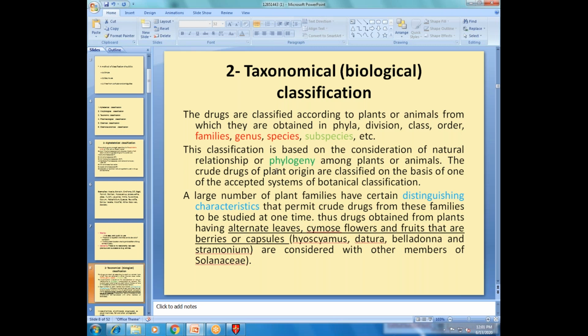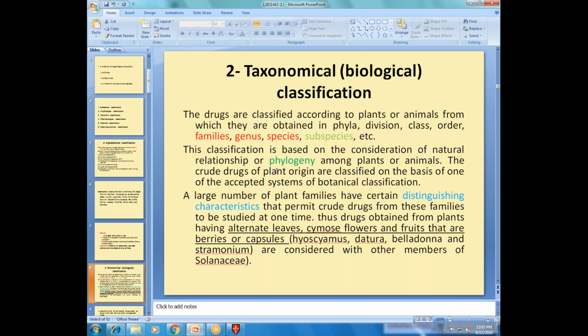Alternate means one leaf is attached, and after some centimeters, one more leaf is attached on the opposite side. That is called alternate. Cymose flowers: if you have seen aromatic plants, like fennel or datura, I'll show you in the next class. It will have a bunch of flowers together, that we call a cymose flower.